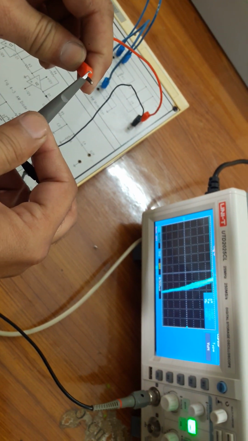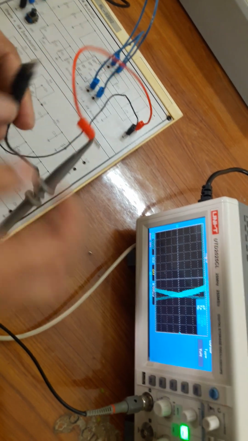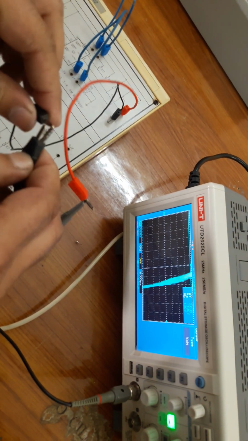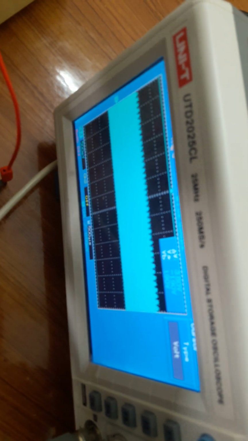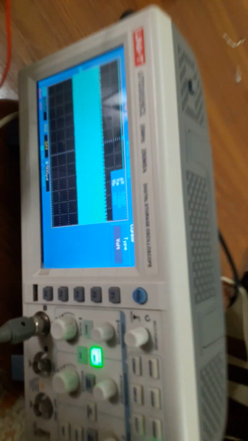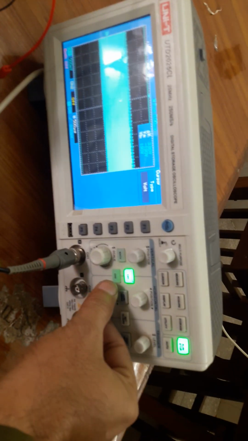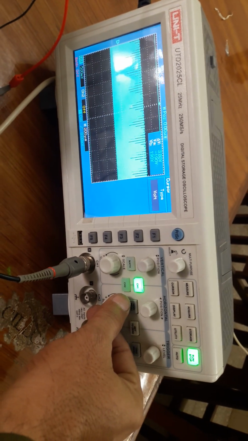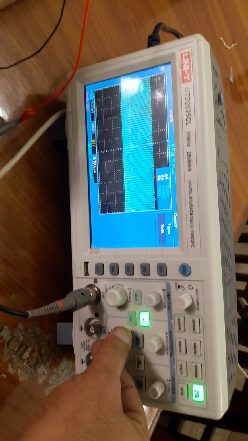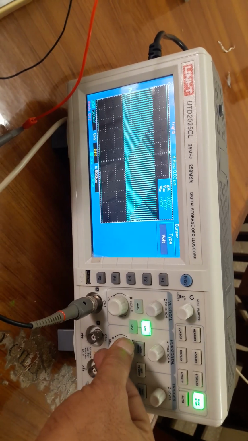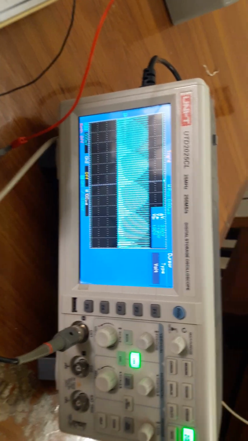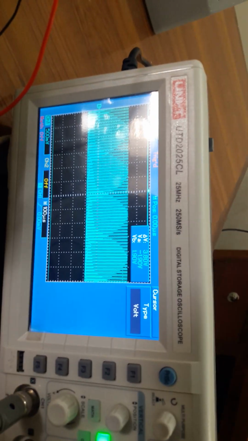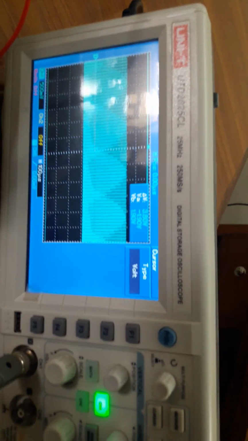The first probe is connected with the positive and the ground is connected with the ground. Now here you can see the modulated signal on the DSO.